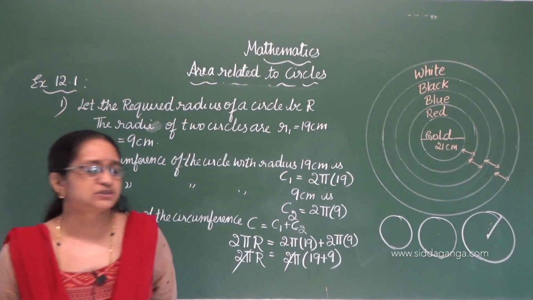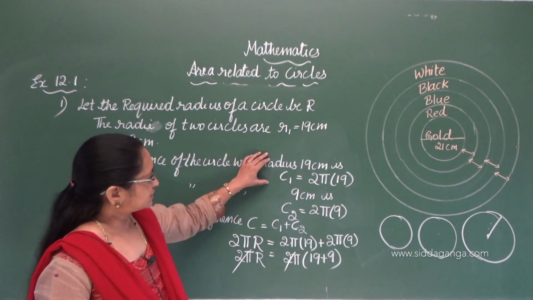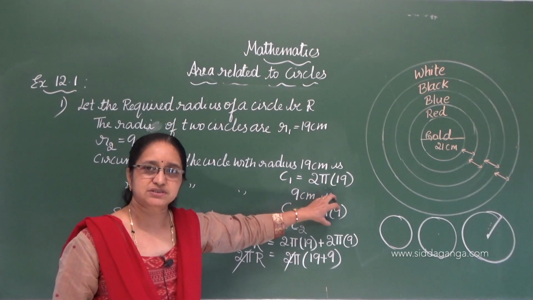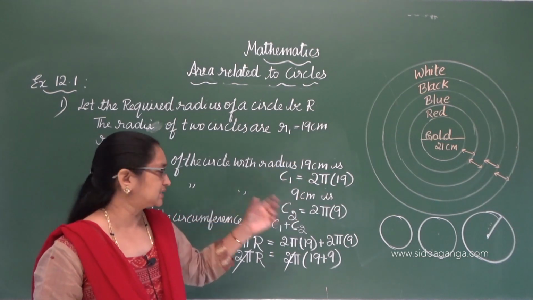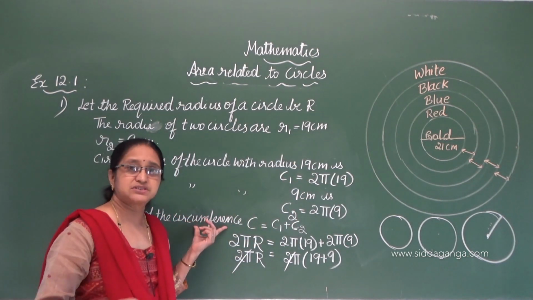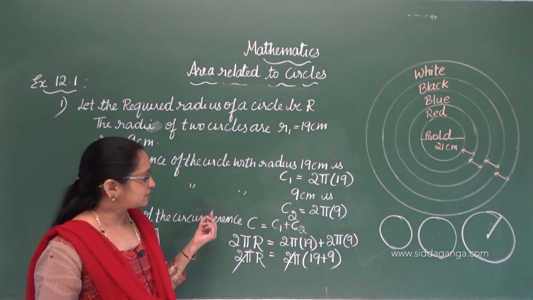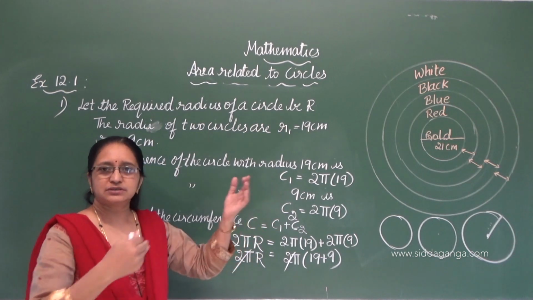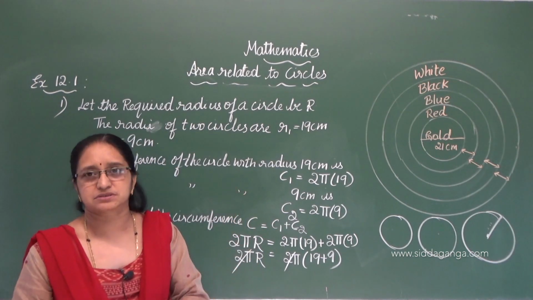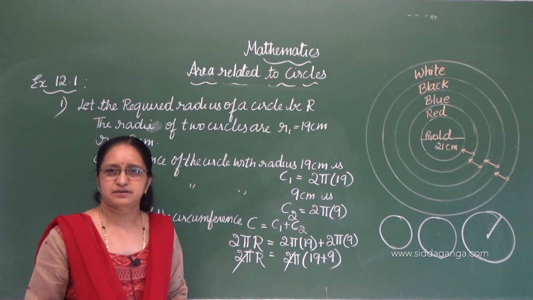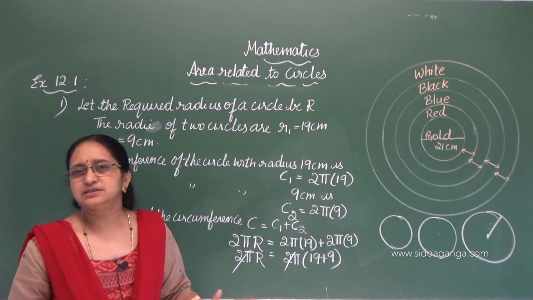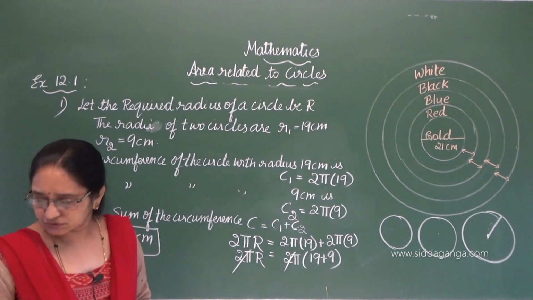Instead of calculating the circumference of this, then the circumference of that, then adding the two to get the circumference of the required circle and then using 2 pi r to calculate r, that is a little bit lengthy process, but that is also correct. But if you do it like this, you can calculate easily.